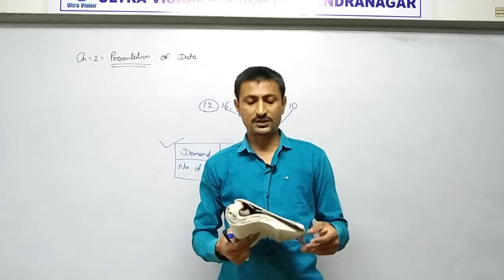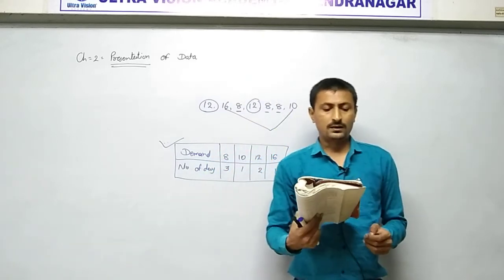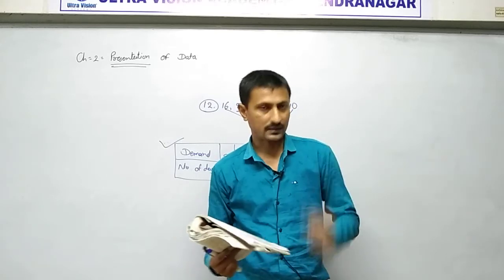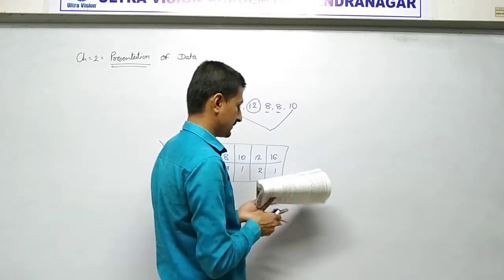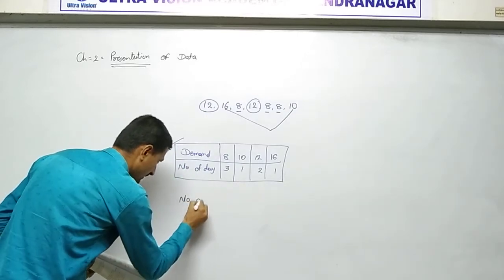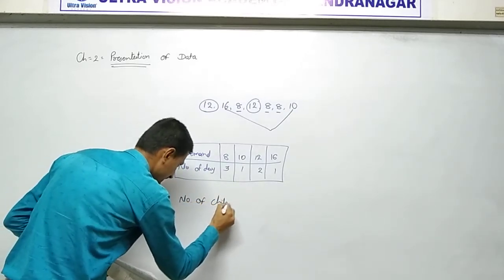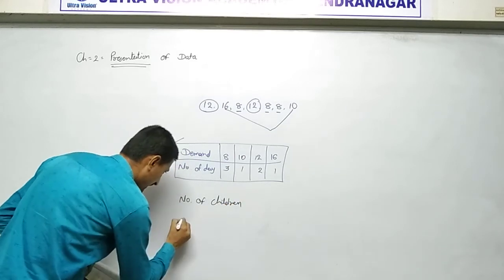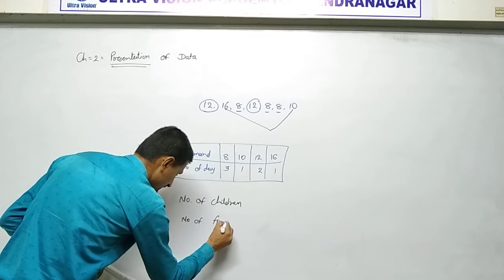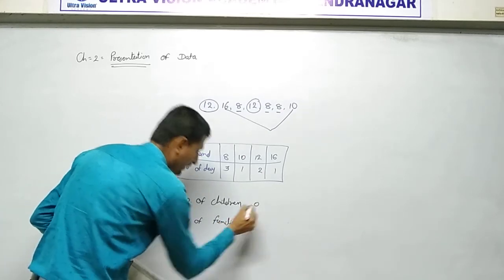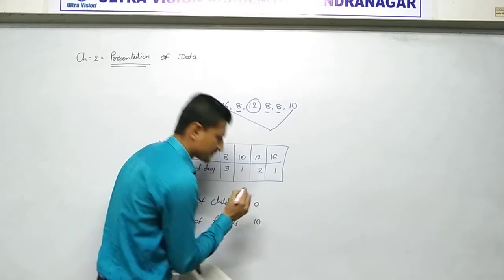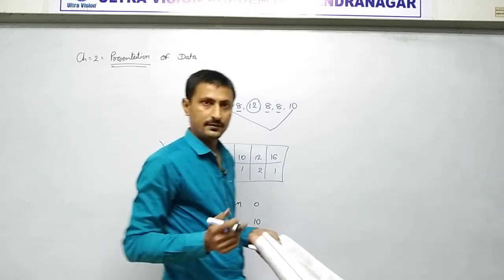Now on the basis of the study, it is concluded that there are 10 families having no children. Number of children and number of families: 0 children, number of families 10.